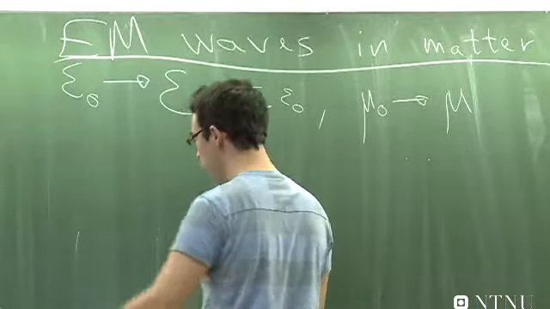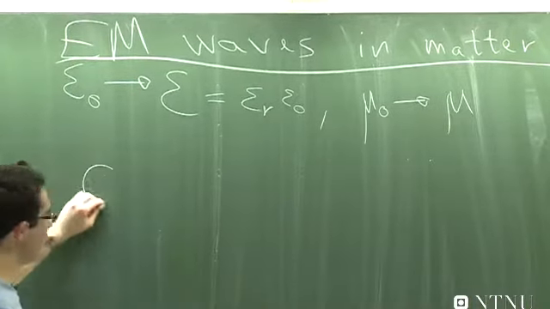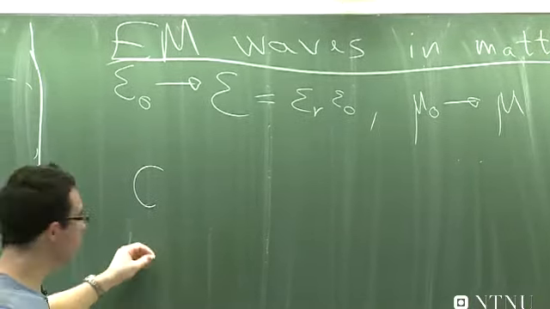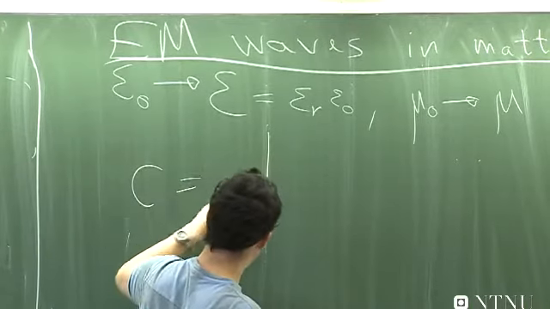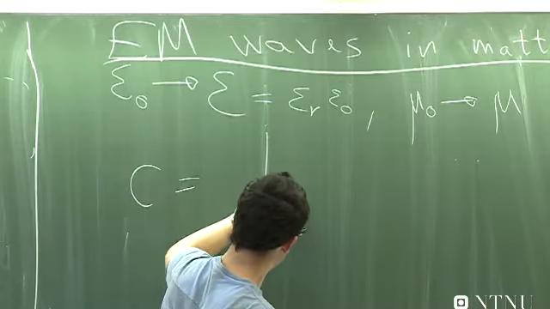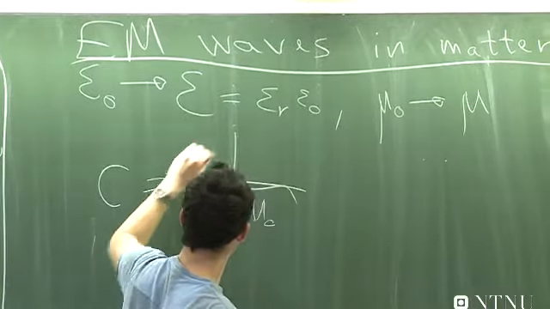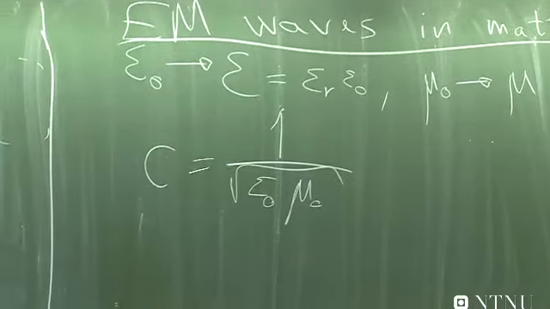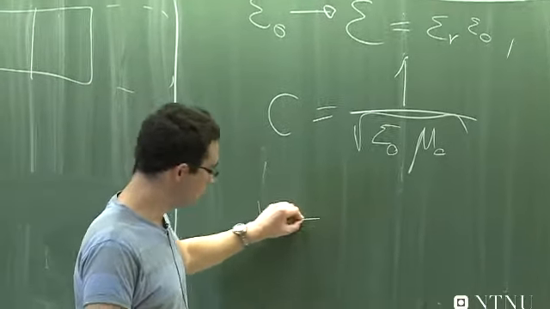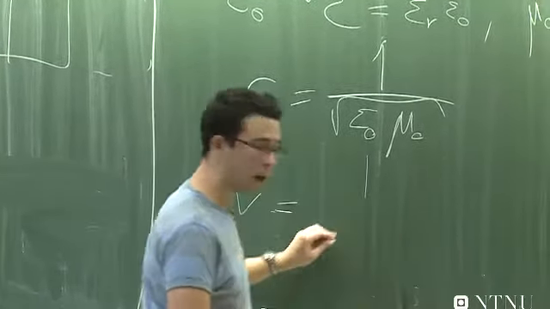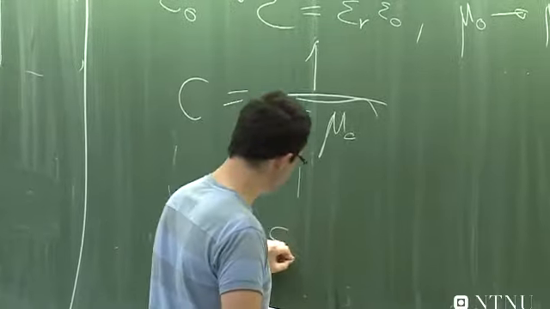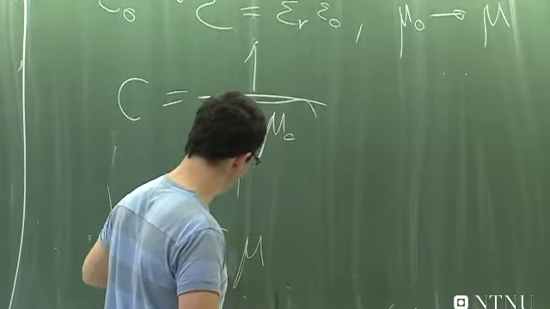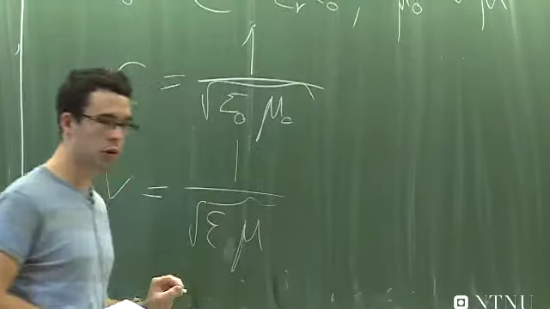Well, in vacuum you have c, the speed of light in vacuum, is equal to 1 over epsilon 0 mu 0 under the square root. While in matter you would have that v is equal to 1 over epsilon mu under the square root.